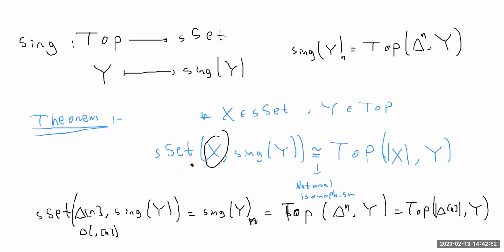But this adjunction tells us more about the connection between the categories, how singular and realization connect the category of topological spaces and simplicial sets. It tells us more: this is a Quillen adjunction.